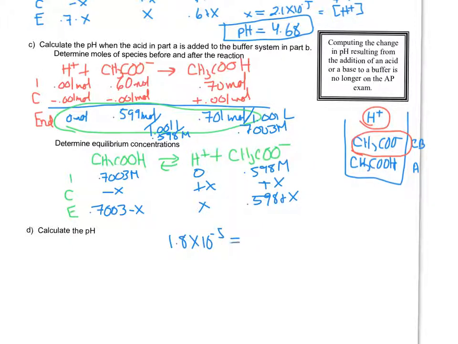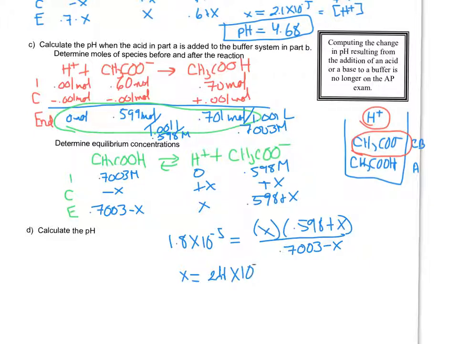That is going to be x times 0.598 plus x over 0.7003 minus x. Let's solve for x. X ends up being 2.11 times 10 to the negative fifth, which is my H plus concentration, so pH is just negative log of that. That ends up being 4.68.